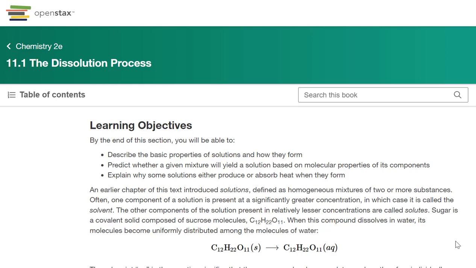Hello everyone. We're going to start on Module 11 with Section 11.1 on the dissolution process. To start with, Module 11 is about solutions. So Module 9 was about gases, Module 10 was about liquids and solids, Module 11 is about solutions.